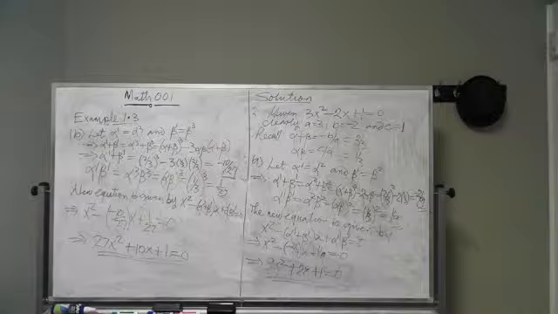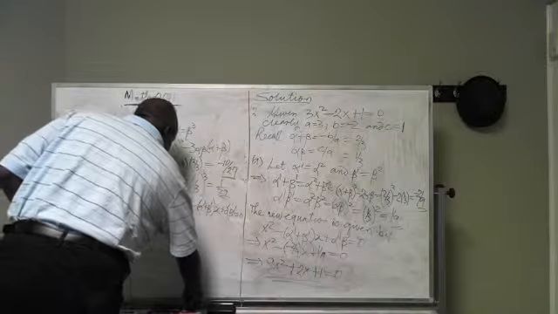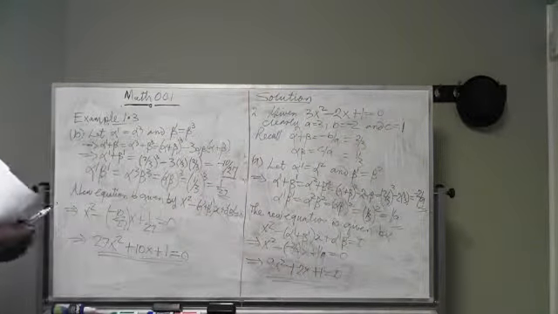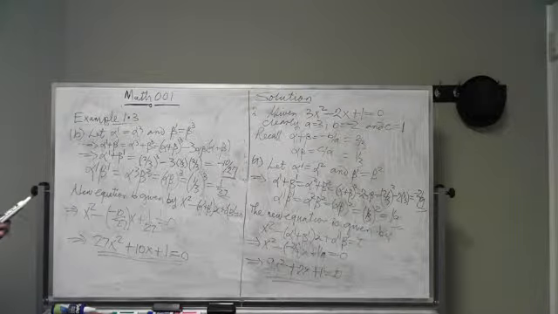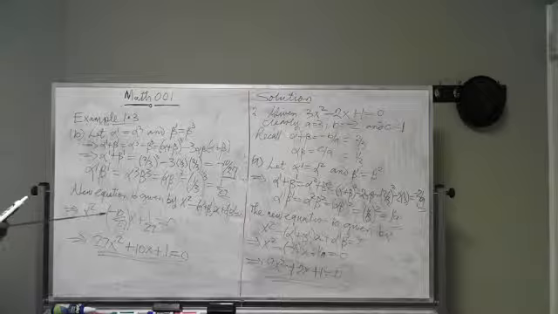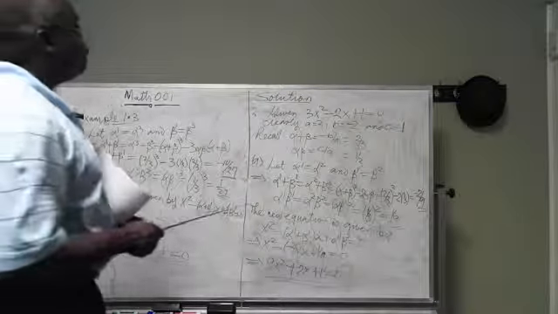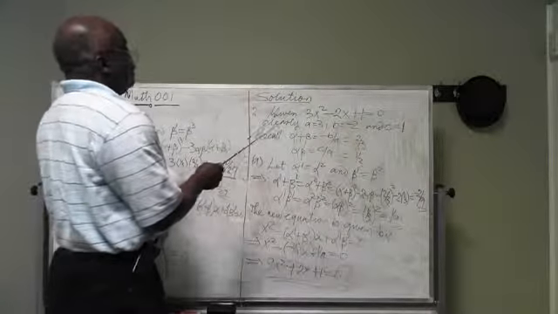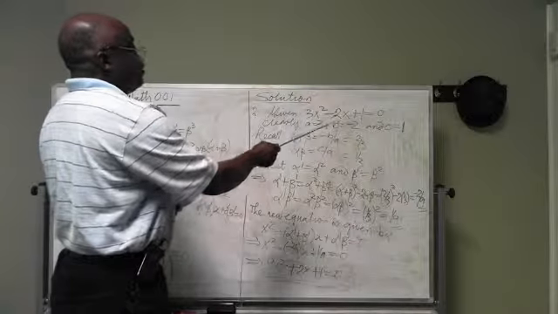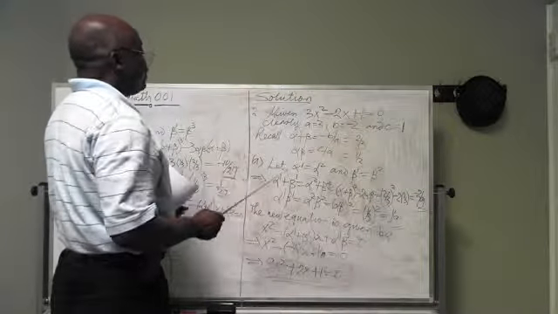For those of you who couldn't follow, let's start with the answer to problem 2A. Example 2A. Given 3x squared minus 2x plus 1 equals 0.